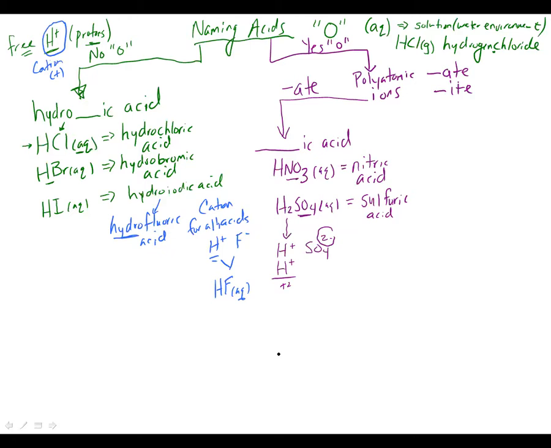Now, if we have oxygen and our polyatomic ion ends in ite, the way we name the acid is something ous acid. If the polyatomic ion in the acid has that ite, that's how we name it. So if we take HNO2, it has oxygen here.